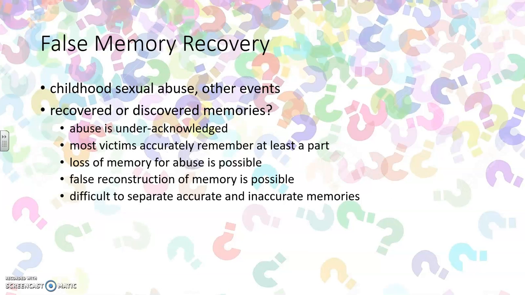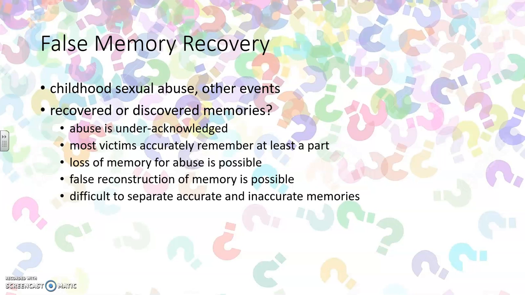False memory recovery. We see this often with childhood sexual abuse cases, especially with memory not being formed a ton, and us not remembering our memories as much in the early years, before the 20s. Information might get misconstrued, or adults might say, hey, these things probably didn't happen to you.